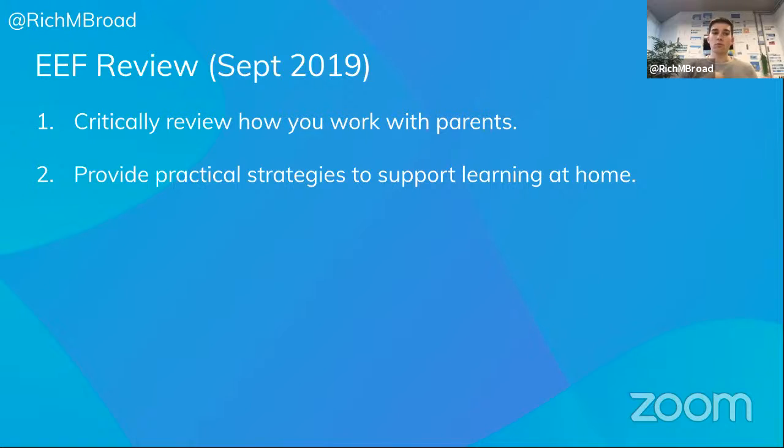An example the report talked about a lot was the idea of schools giving books to families to try and boost reading. Now, basically what the research said was that if you're just giving books to families, that's unlikely to be effective on its own.